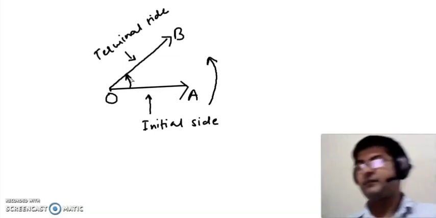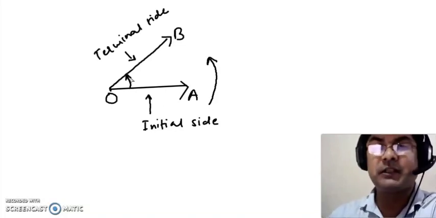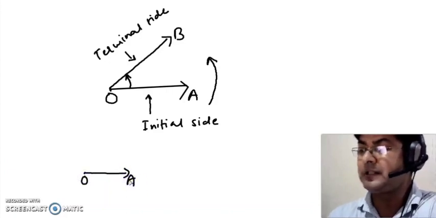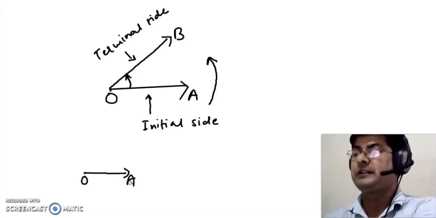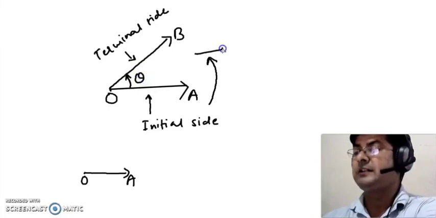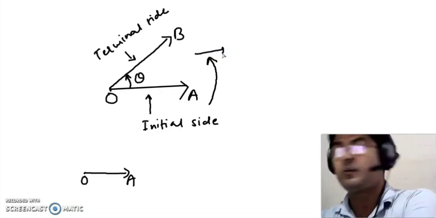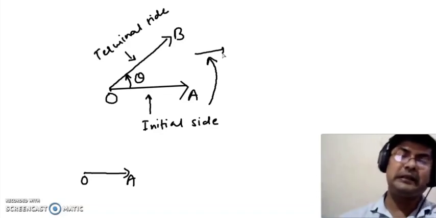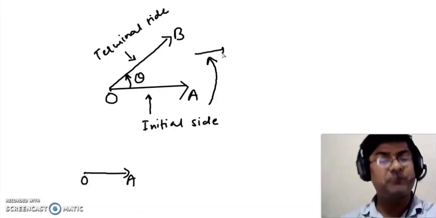What is the sense of angle? Suppose the arm ray is rotating in the anti-clockwise direction, with OA rotating as shown in the previous figure, and an angle theta is formed. Then we say that this angle has a positive sense, or it is a positive angle. In other words, the anti-clockwise direction is considered to be the positive direction.